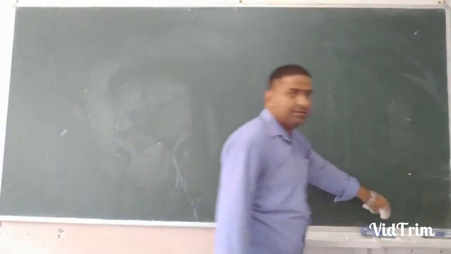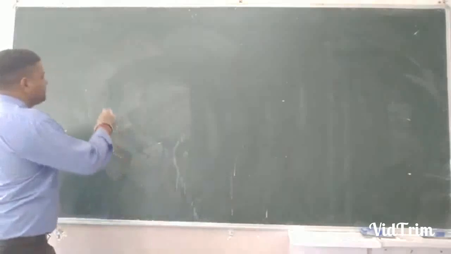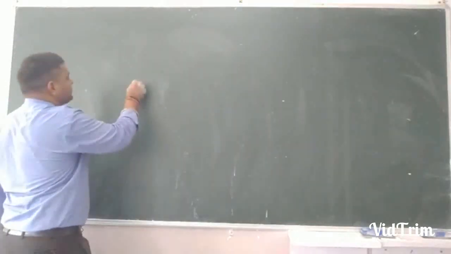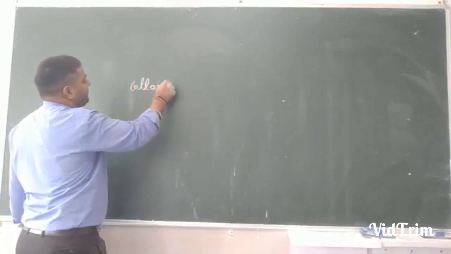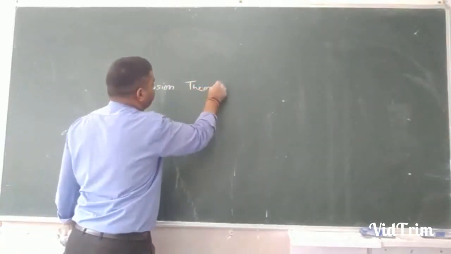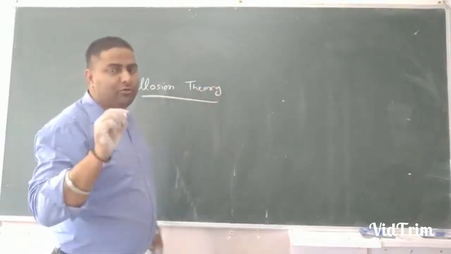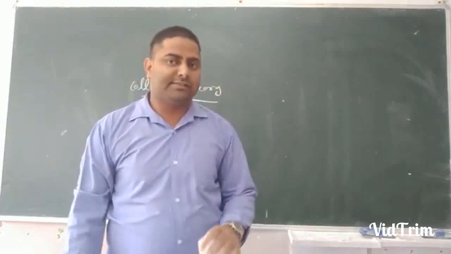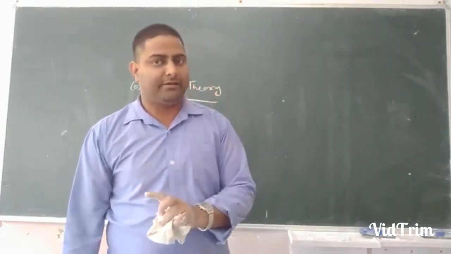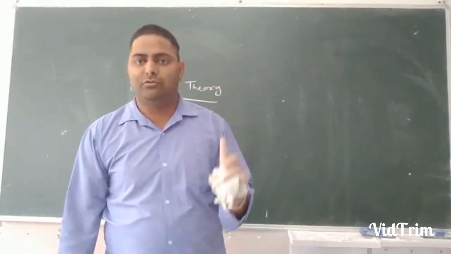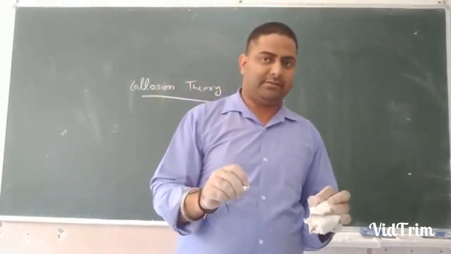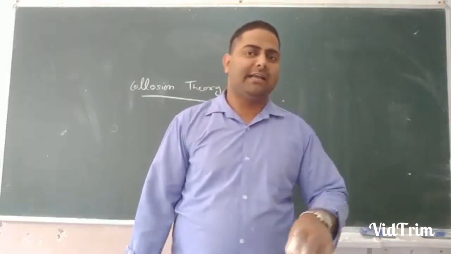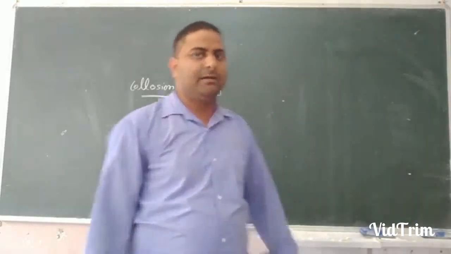Collision theory simply states that only those reactants get converted into product which cross two types of barriers. Keep in mind, we have two kinds of barriers. The first barrier is called the activation energy barrier, and the second is known as the orientation barrier.